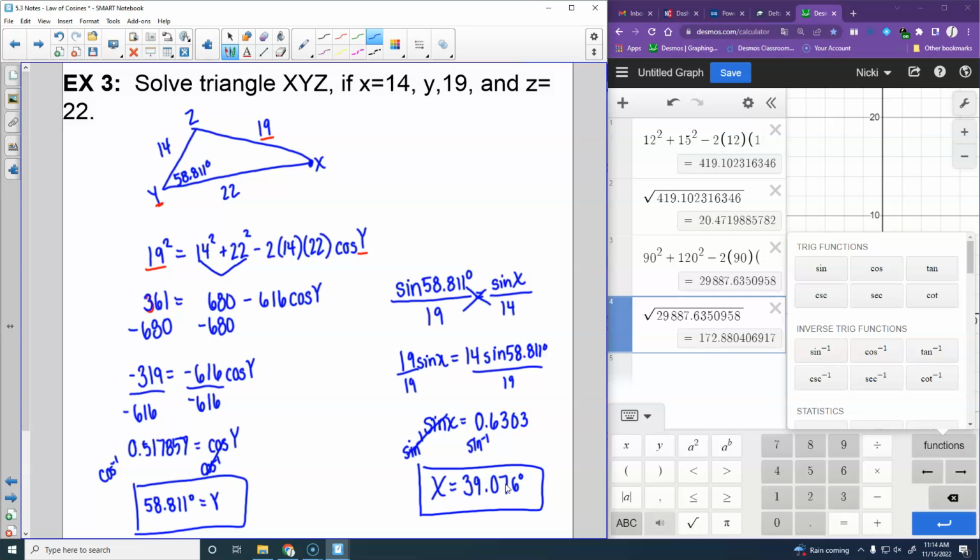If you use law of cosines, it should not happen, so you can avoid that altogether by doing law of cosines. It is really rare with the law of sines, so you're not running a huge risk by doing law of sines instead if you prefer it, because it typically does not happen.